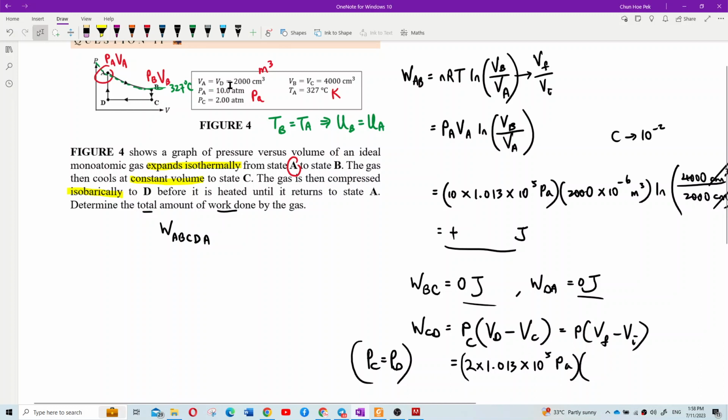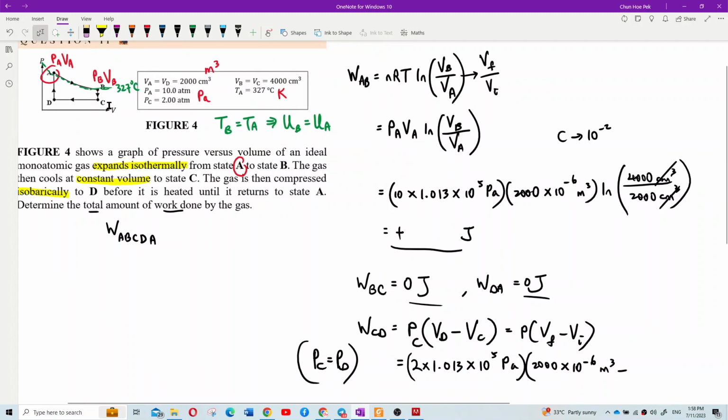VD is equal to VA, 2000 cm cube. So must change to SI unit also. 2000 centi cube. That means -6 meter cube minus the initial volume. Initial volume is VC. So is 4000 times 10 to the -6 meter cube. Because centi cube, so is -6.